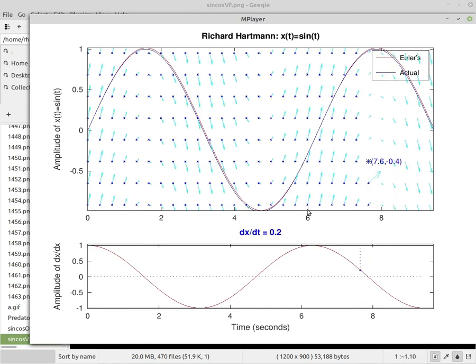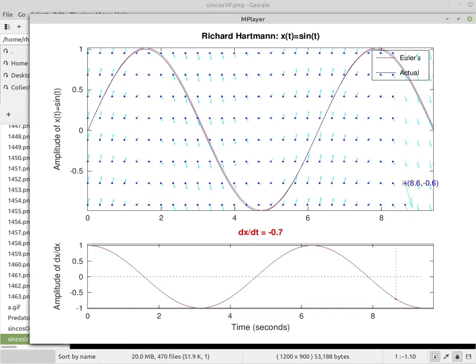For every one of these points on this graph, we evaluate this derivative and find out how fast it's changing, and that's what we use to draw these arrows. We're going to draw, could be 100, could be 1,000 arrows, depending on how many you want.